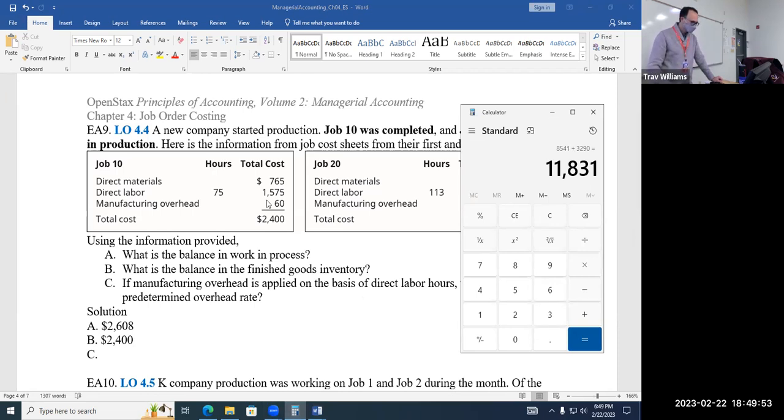So for example, in job 10, it was $60 of manufacturing overhead, and that was based on 75 direct labor hours, right? So if we take that $60 divided by the 75 direct labor hours, we get 80 cents of overhead per direct labor hour.